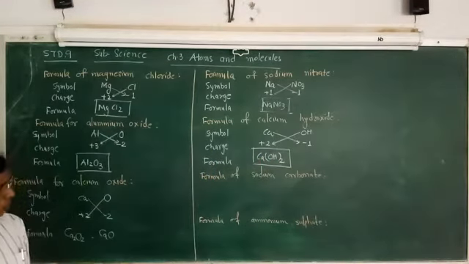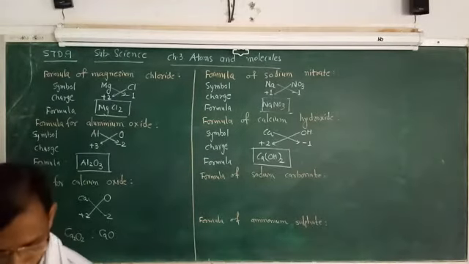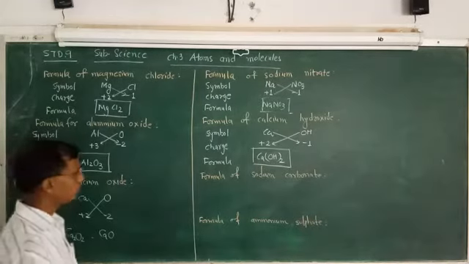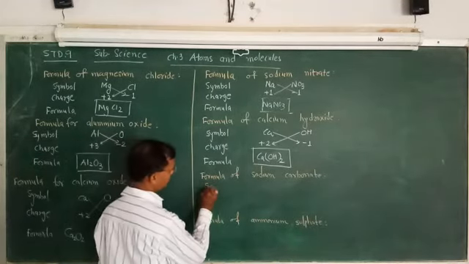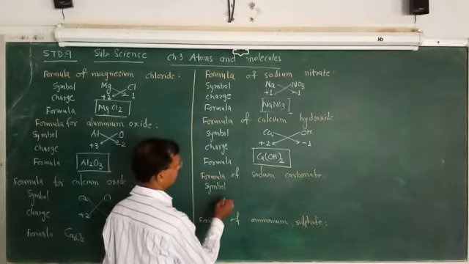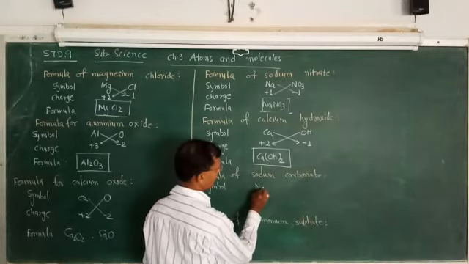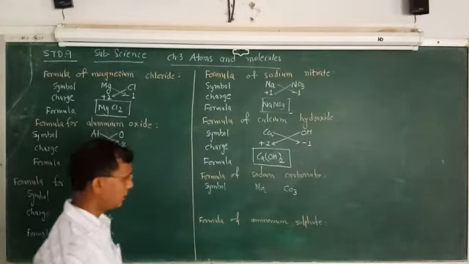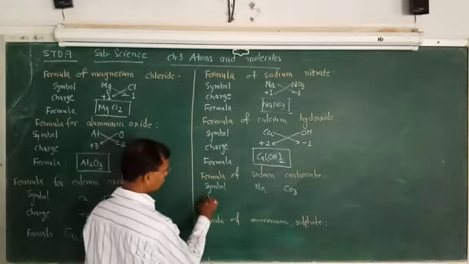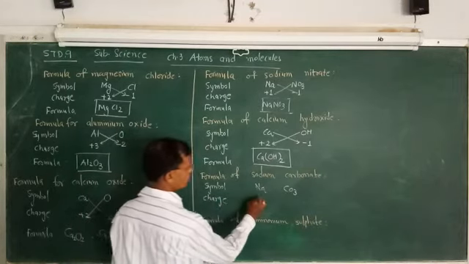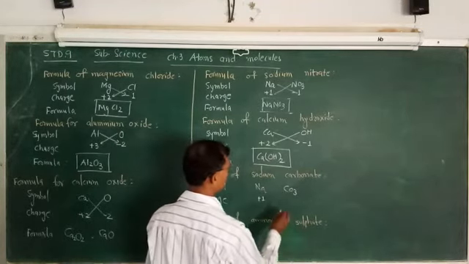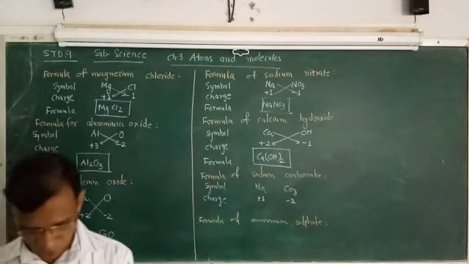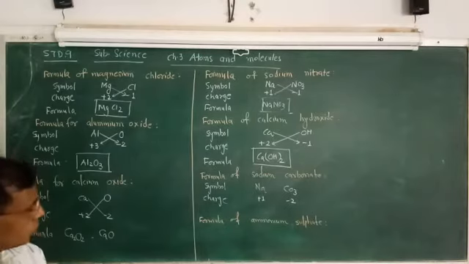Now the sodium carbonate formula. First write the symbol of sodium and carbonate, CO3. Now the charge: sodium +1, CO3 has -2 charge.